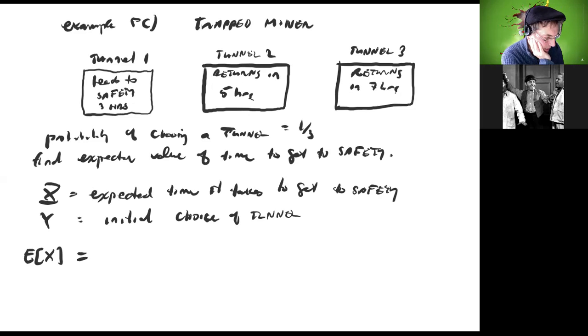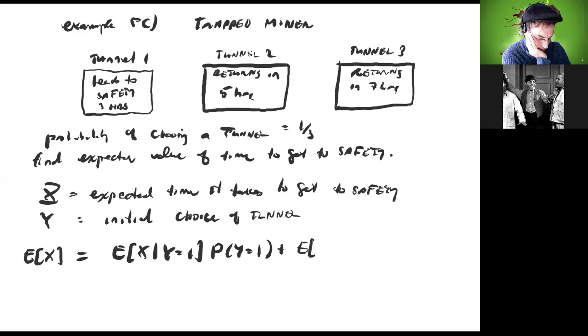If you write down the formula, this would be the expected value of x given that y is 1 times the probability that y is 1, plus the expected value of x given y is 2 times the probability that y equals 2, plus the expected value of x given y is 3 times the probability of 3.